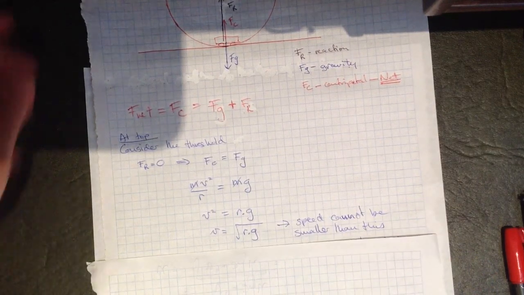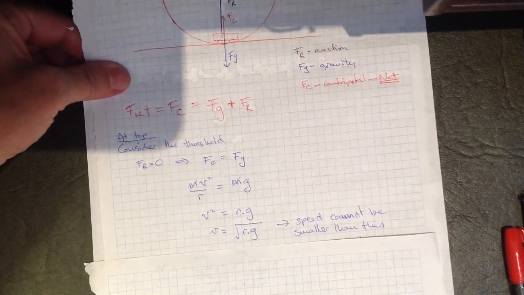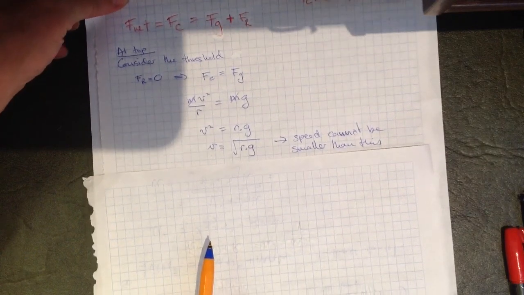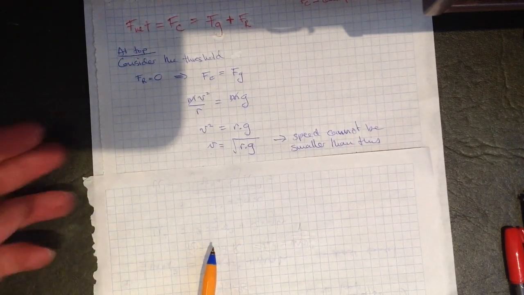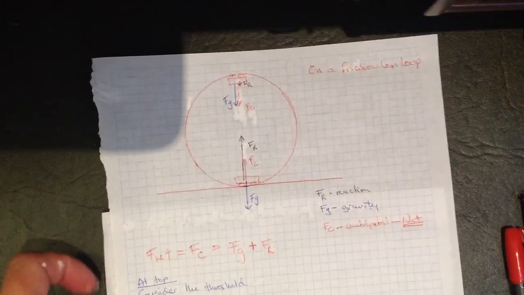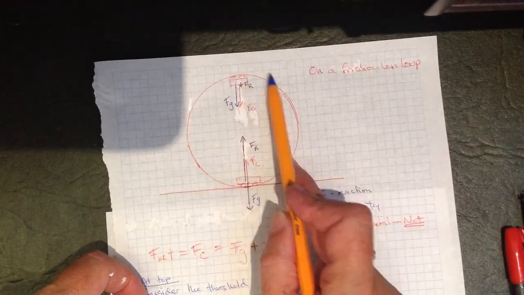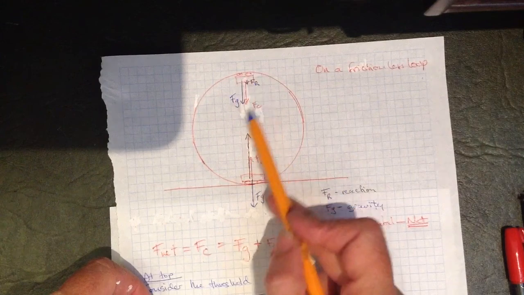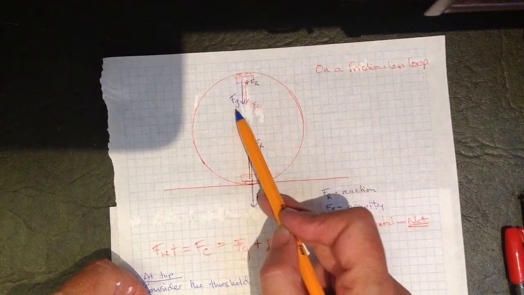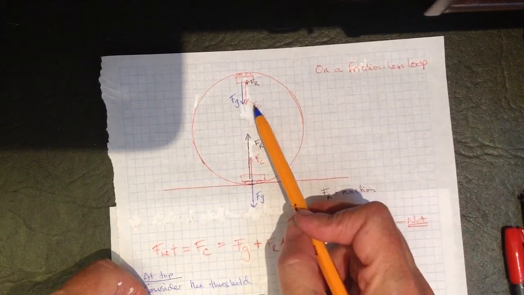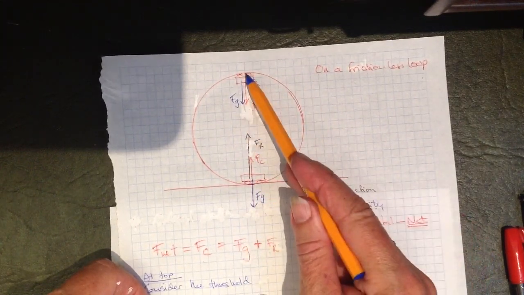Now we need to think about what will be the speed going into the loop? For that, we think about the energies involved. We need to think about the fact that there is gravitational potential energy at the top of the loop, as well as kinetic energy. We know it has to have a speed to maintain its motion and stay in the circle, and we've calculated what that speed is, but it also has a height at this position.